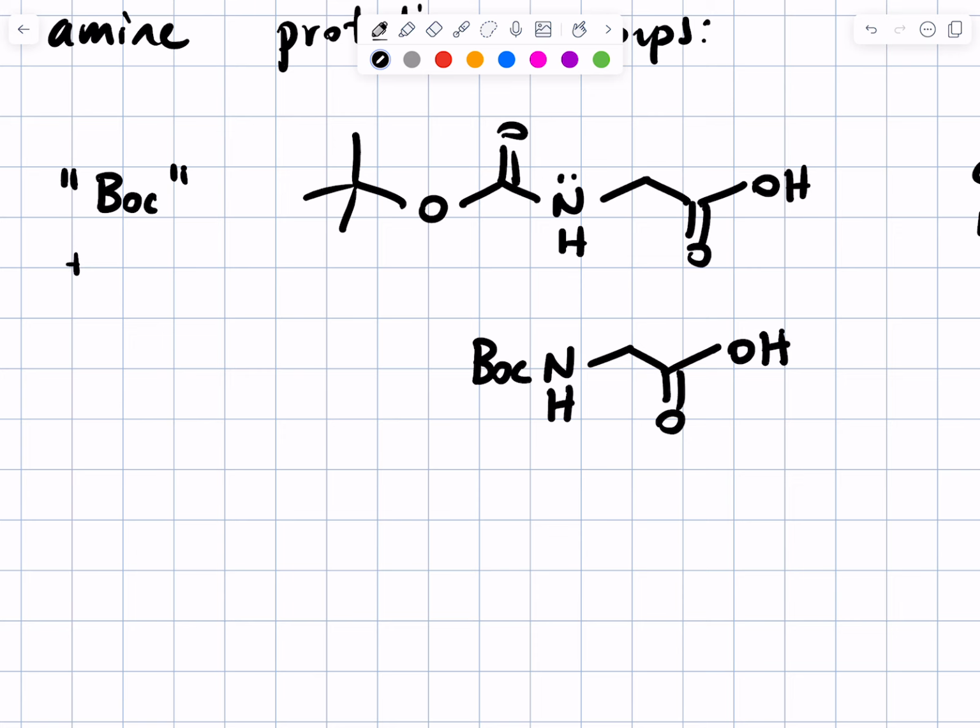It used to be called T-Boc until people just dropped the T. You can call it T-Boc, but people will look at you funny because nobody calls it that. The B stands for tert-butyl, the O stands for oxygen or oxy, and then the C stands for carbonyl. Tert-butyl, oxy, carbonyl, Boc. And it's kind of cute how, when the letters are read from left to right, it does actually tell you what the structure should be.